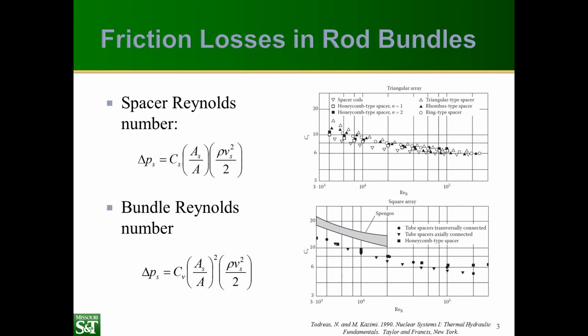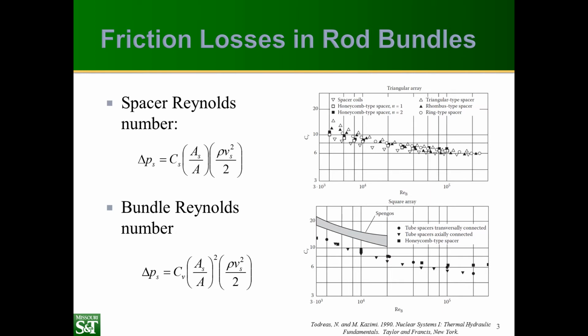So in both cases, though, this head loss is based on the flow velocity in the spacer region. So this V sub s in these equations is the velocity through the spacer. So you need to go back and use your conservation of mass, right? Velocity times area in the bundle equals velocity times area in the spacer.